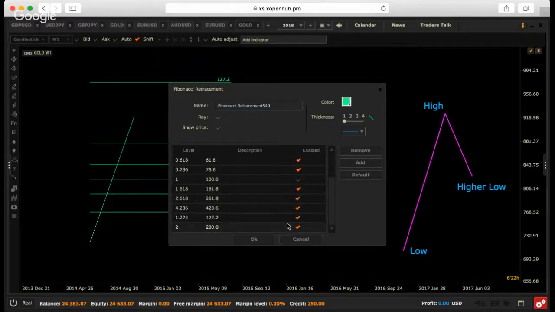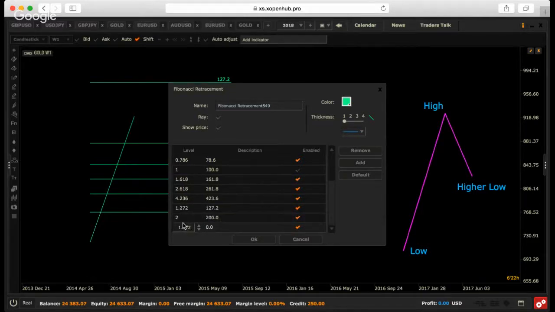And I want you to take a picture of what this looks like, all right? You're going to type these in just like so. You're going to click add, and you're going to type in 1.272, just like that. And then over here, you're going to type in 127.2.